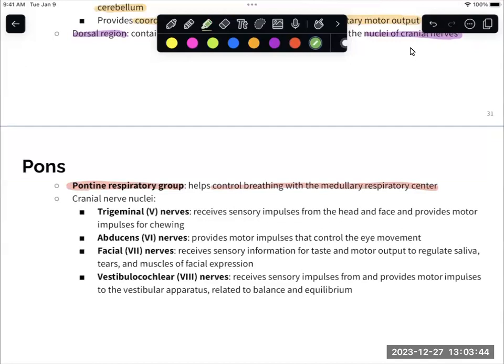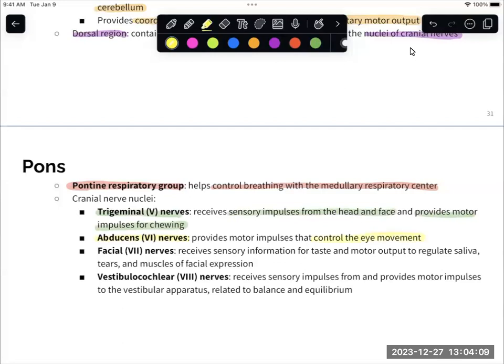So let's look at what cranial nerves are found in the pons. We have trigeminal. Trigeminal does sensory to the head and the face, and motor for chewing. Abducens controls eye movement.